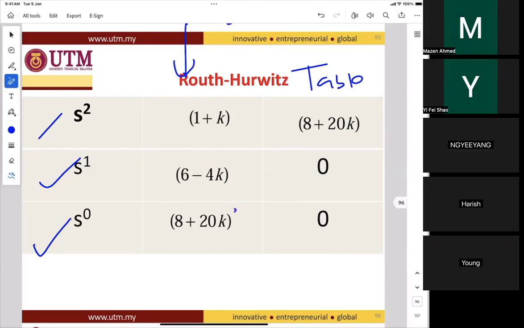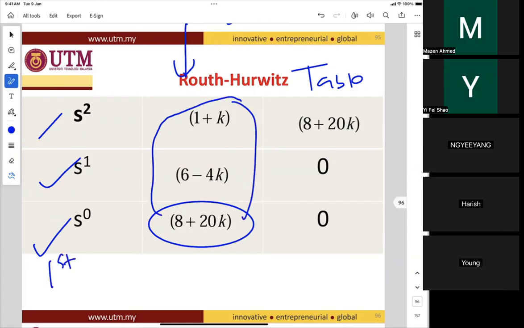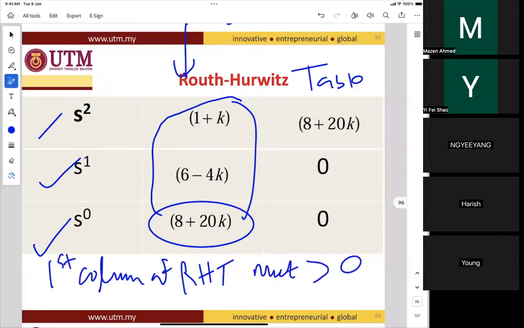Then continue. You got this, 8 plus 20K. Okay, so our concern now is the first column, guys, first column of the Routh-Hurwitz table, which must be greater than 0 for stability.